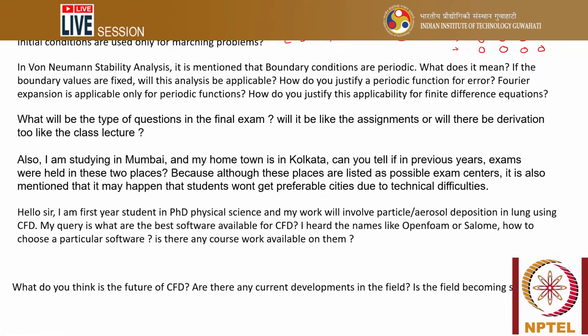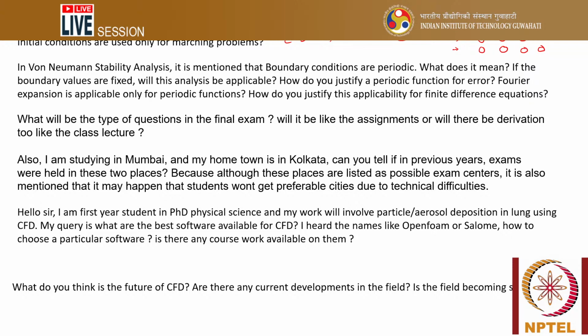Now, when we did this von Neumann stability analysis, although we assumed that boundary conditions are periodic, when we solve a finite domain problem, the question is whether this is applicable or not. Yes, it is applicable.